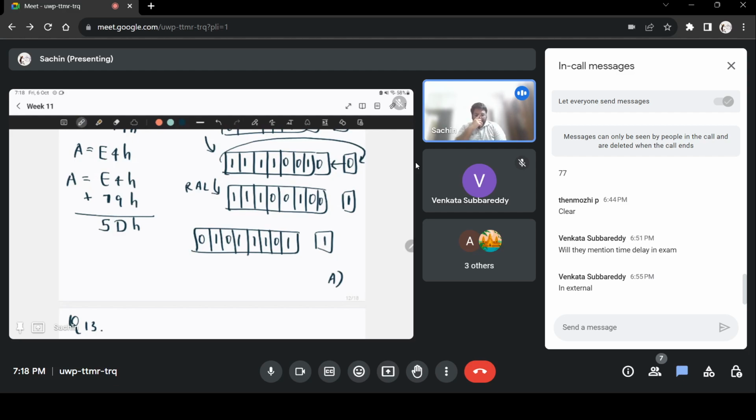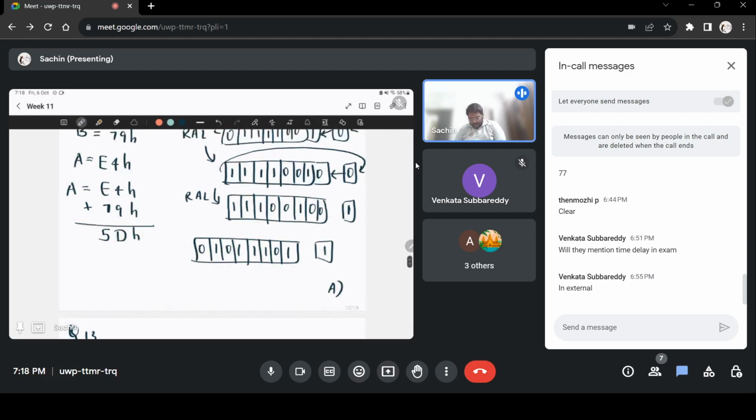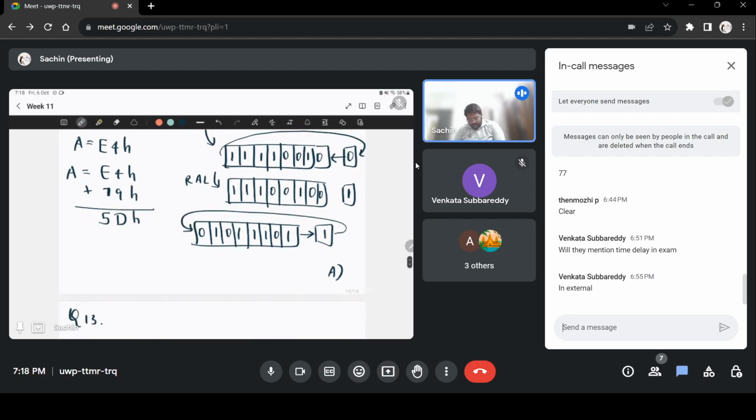You have to do rotate right. So shift it right with your carry as an extended bit.